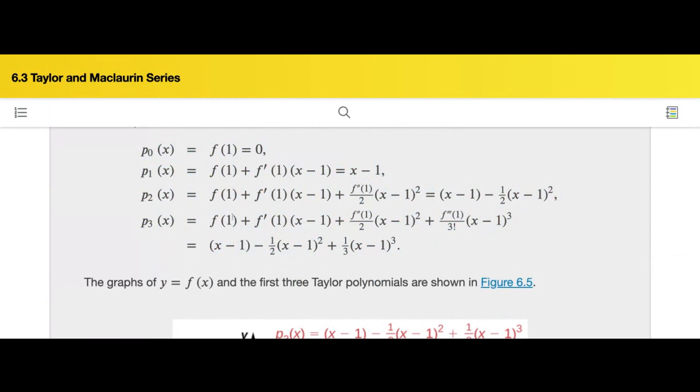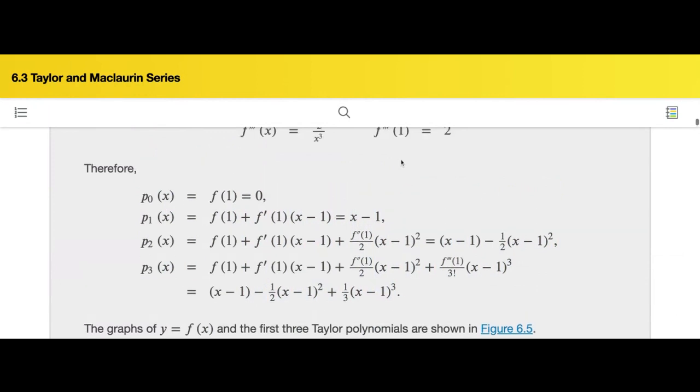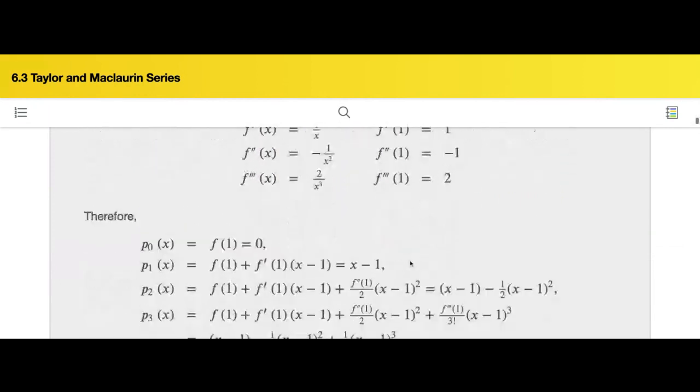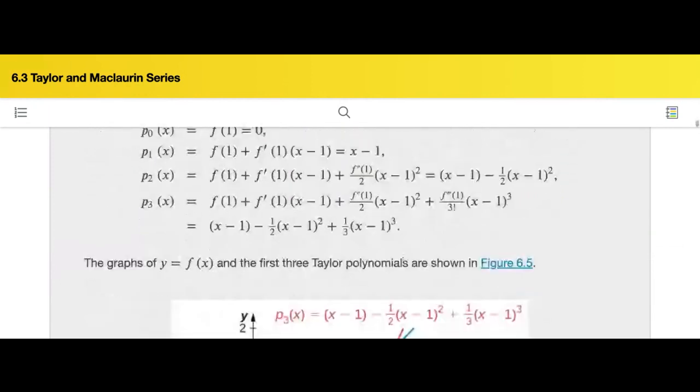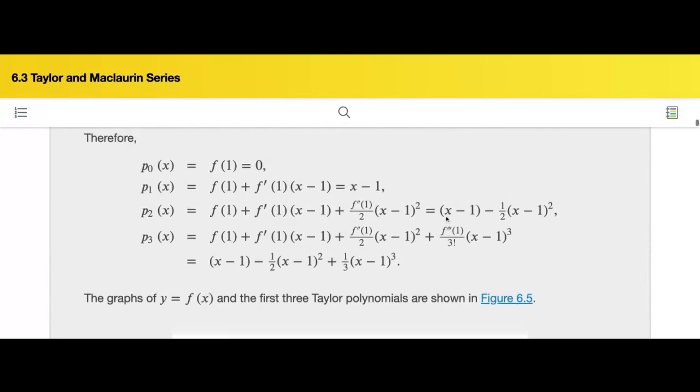So we say f of 1, which is 0, plus f prime of 1 times x minus 1, plus f double prime of 1 divided by 2, and f double prime of 1 is negative 1. So that's why we got negative half x minus 1 squared, because a is 1. Then f triple prime of 1 divided by 3 factorial, and f triple prime of 1 is 2.